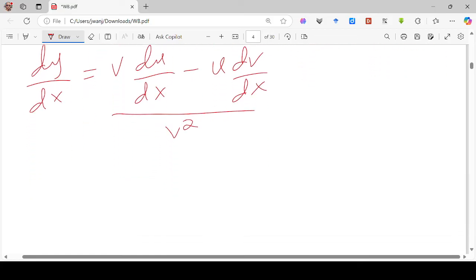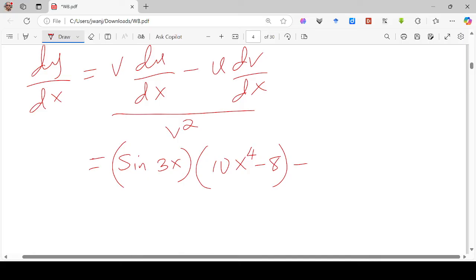So in this case, v is the function sine of 3x. We are going to multiply this by du dx, which is 10x raised to the power of 4 minus 8. Then we subtract u.